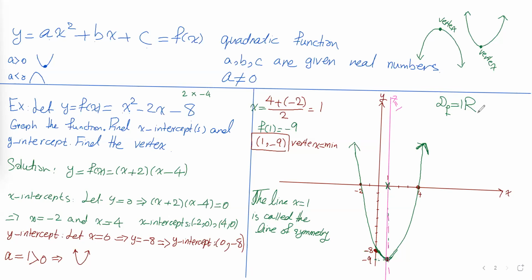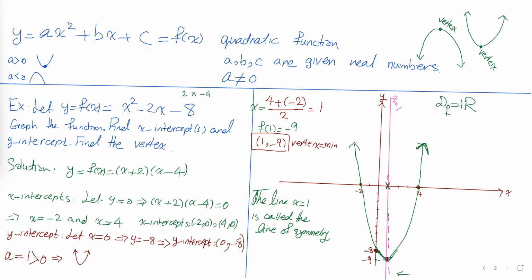Okay. Kaylin, very good. Sophia, very good. A2, no. So the range is the image of the graph on the y-axis, the shadow of the graph on the y-axis. Do you see any shadow here? If you look at the shadow of your graph on the y-axis, do you see any shadow below -9?